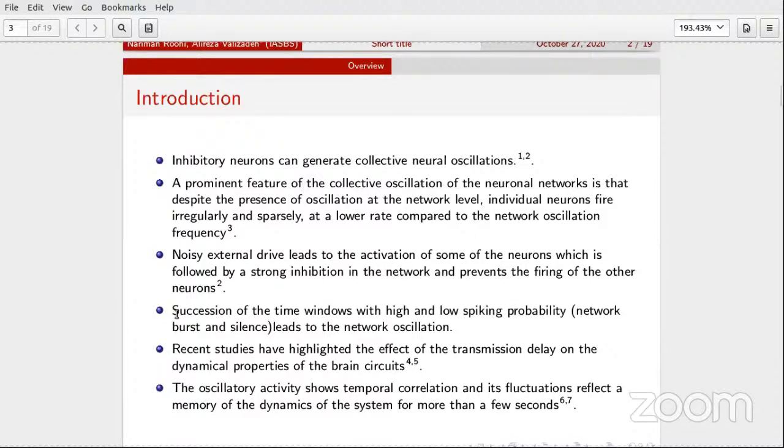I will show you that the transmission delay between the neurons has an important role in the collective behavior, and also that the network has a kind of dynamical memory or a temporal correlation in its activity.